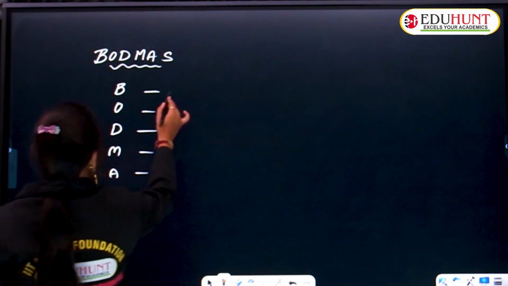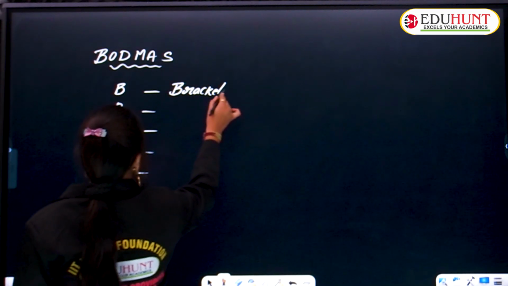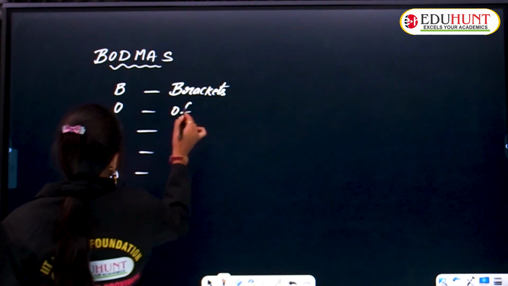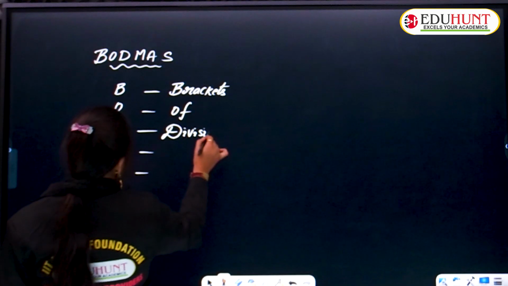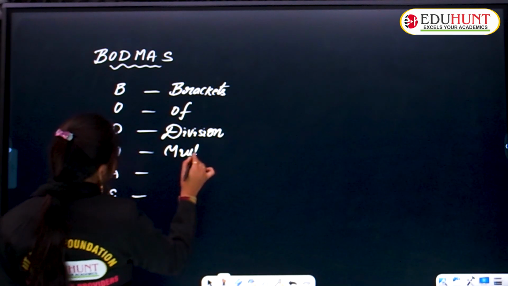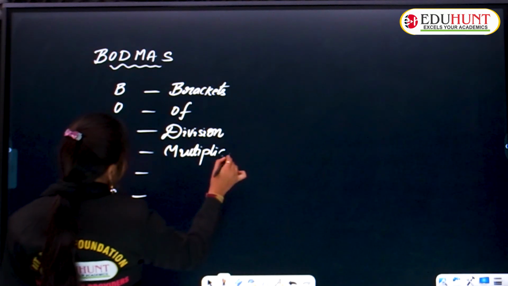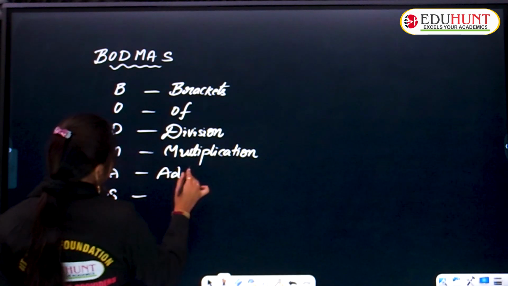Brackets. B means brackets. And O means of. D means division. Okay. M means multiplication. And A means addition.